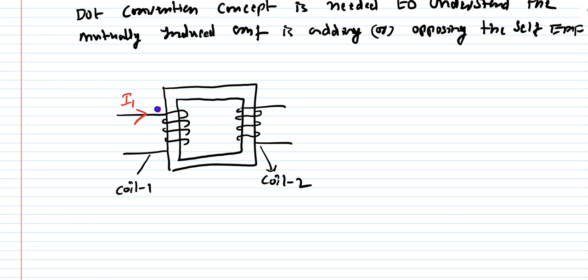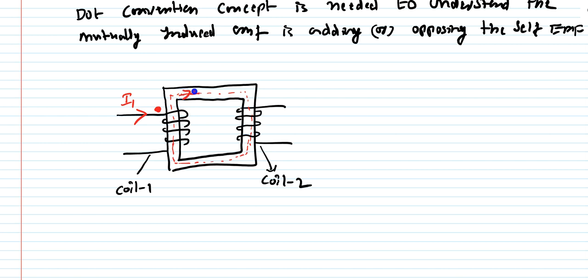Whenever this current flows through this coil, it is going to create a magnetic field, and this flux is linking with coil 1 as well as coil 2. Because of this, the mutual inductance is formed in coil 2 due to the flux 1.